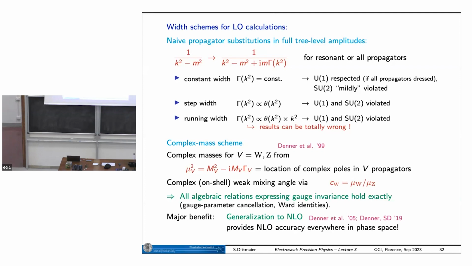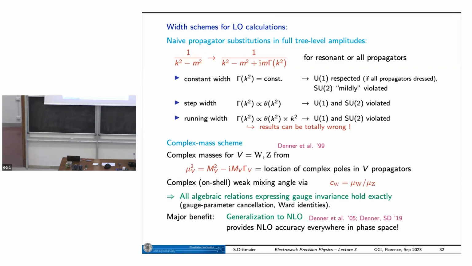And in order to still have these gauge invariance relations intact, we proposed that we just use the complex masses consistently everywhere, even in couplings, for example in the relation when you calculate the weak mixing angle from the mass ratio. We just proposed, okay, let's do it with the complex masses as well.